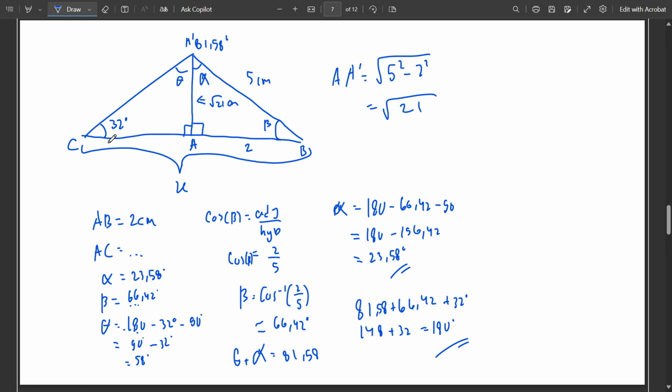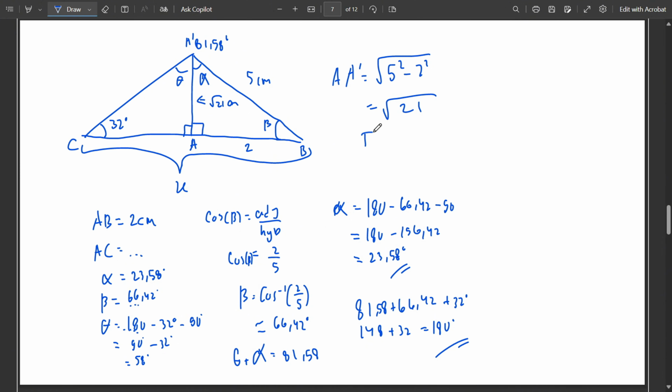We can find our length here, AC. We have to use the trig ratio that uses the opposite and the adjacent, which is tangent.